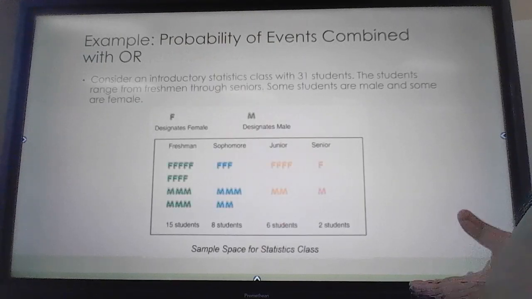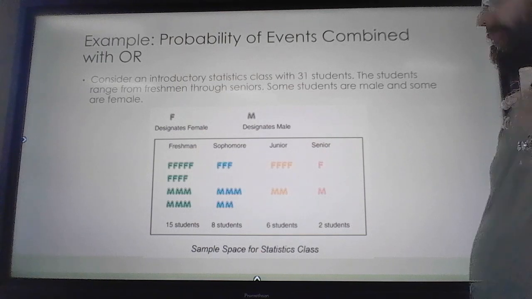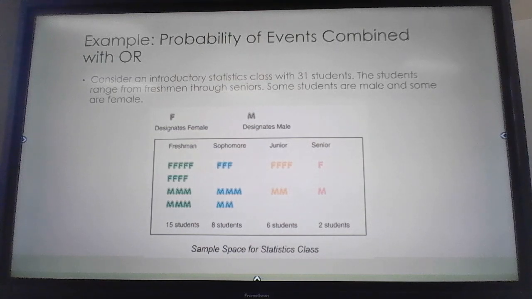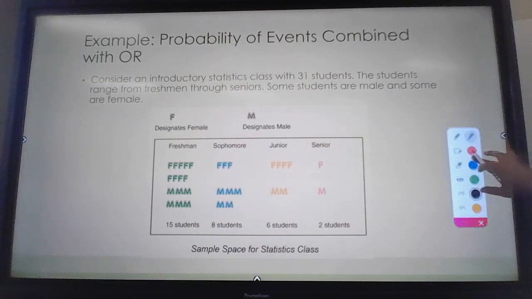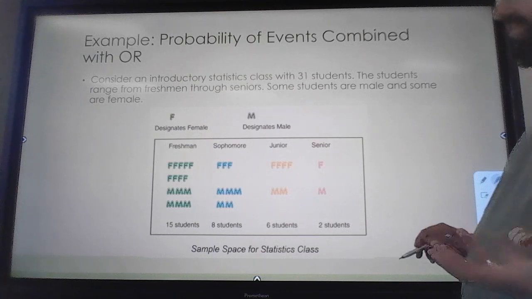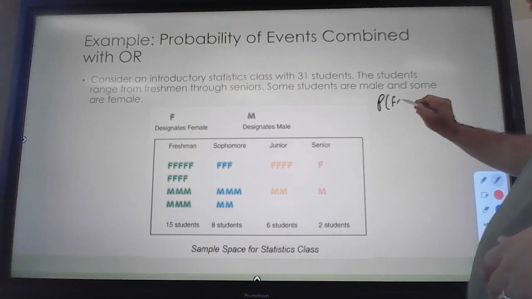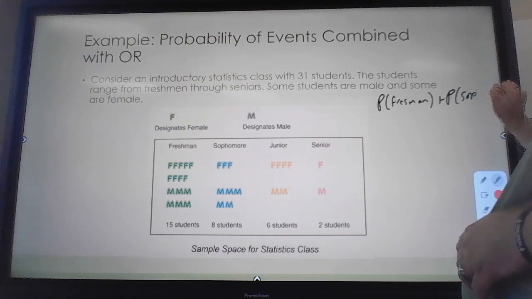Well, to find out if events are mutually exclusive, we have to ask ourselves, can a student be a freshman and a sophomore at the same time? The answer is no, they cannot. So those are mutually exclusive events, and we can easily find that probability by using the specific addition rule. Probability of freshman plus the probability of a sophomore.